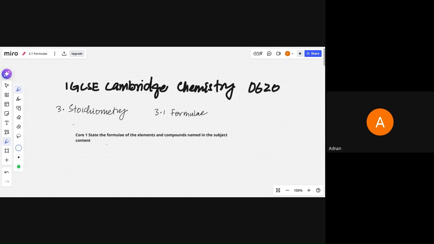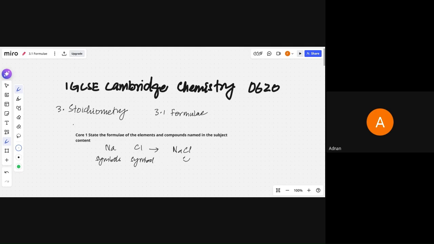For example, sodium, the symbol is Na, and chlorine, the symbol is Cl, and they join together to create NaCl. This is sodium chloride. So these are the symbols, and this is a symbol for chlorine.